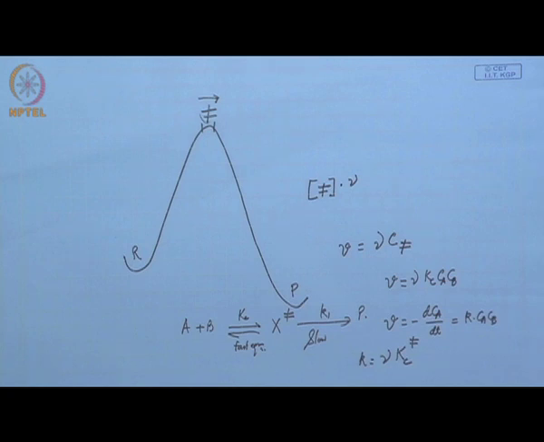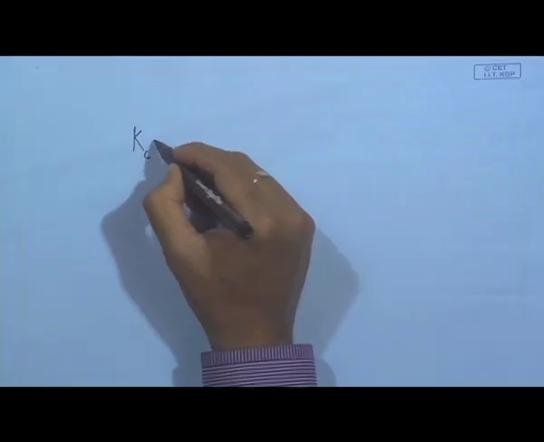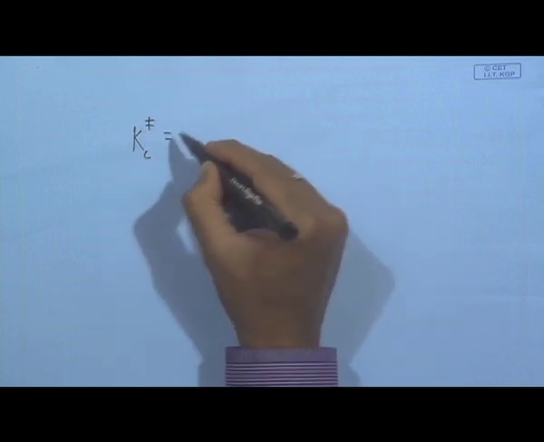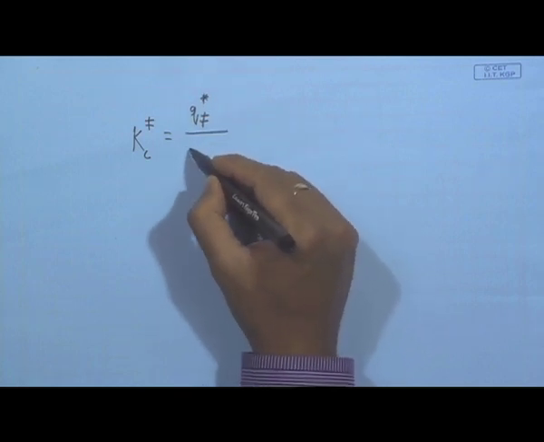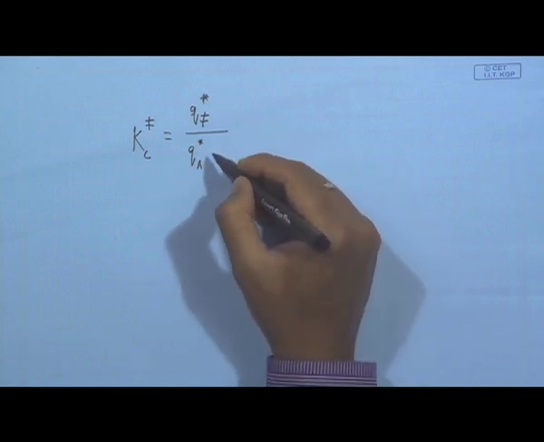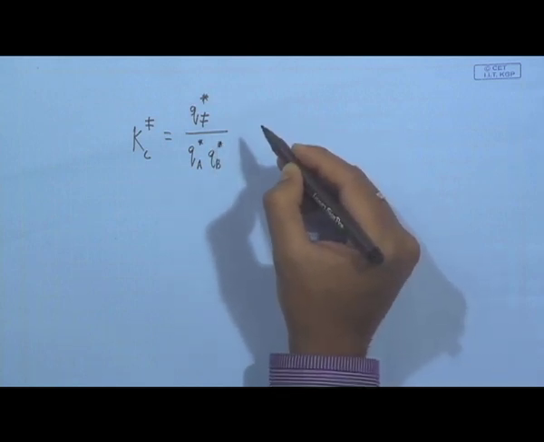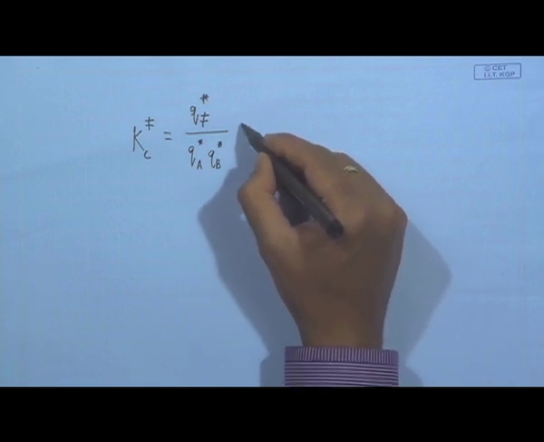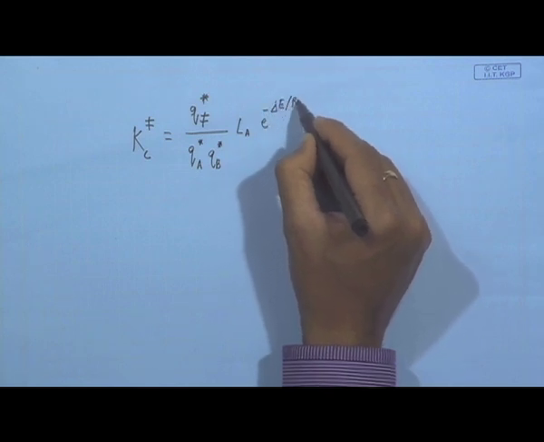Next, from statistical thermodynamics, we can write the equilibrium constant Kc double dagger, or maybe you can write Kc as well, is equal to Q double dagger star divided by Qa star, then Qb star, and the Avogadro number La, e to the power minus delta E by RT.